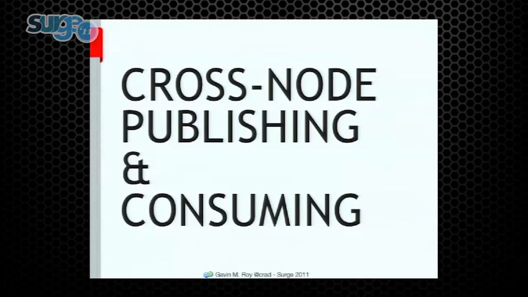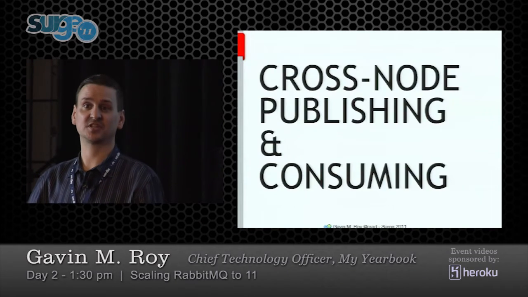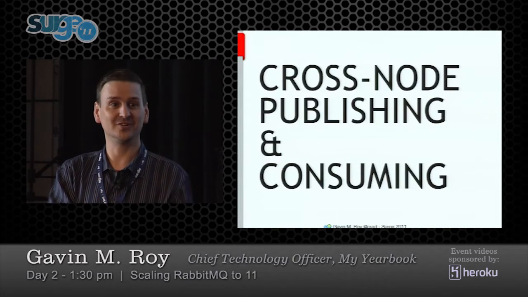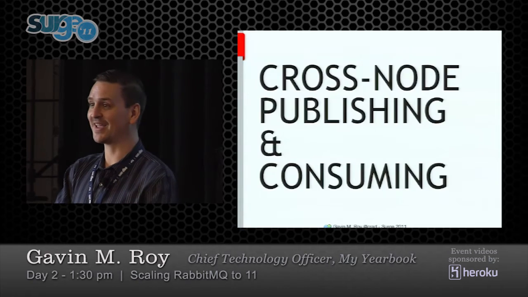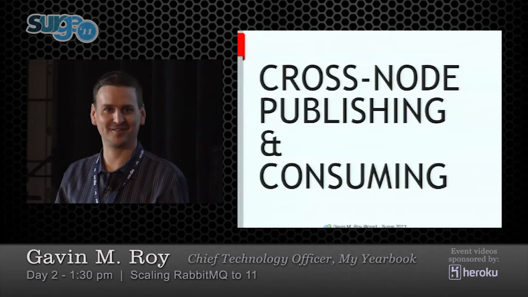Another important point about clusters and scaling is because it is a cluster where everything is aware of everything else, I can connect to node 3 and publish a message that's going to get stored on node 2. And I can connect to node 1 and I can read that message out. But there's a performance penalty for that in scaling, right?